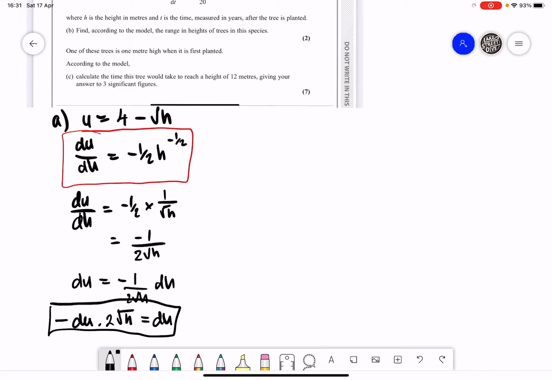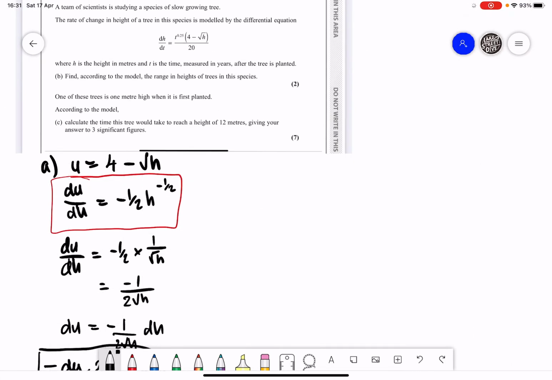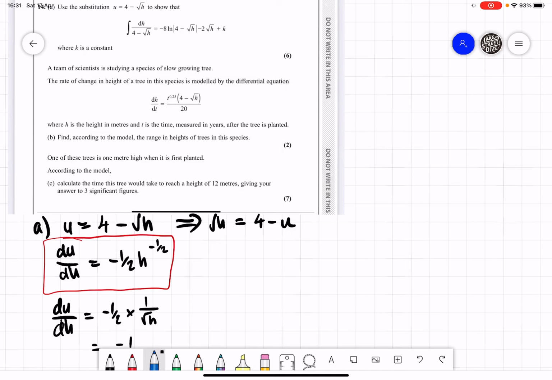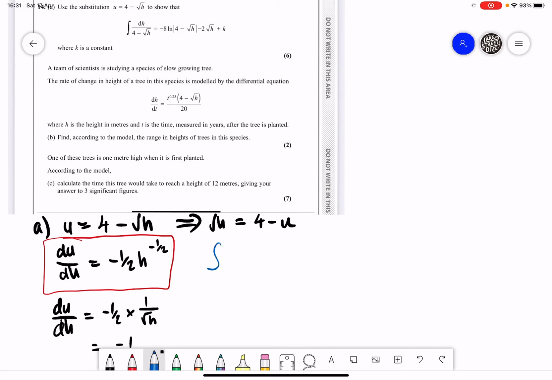Okay. Secondly, I'm going to rewrite this so I can say square root of h equals 4 minus u. Okay, good. So that's all of those preparation bits. I'm now going to look at the question again, and it asks me to integrate dh over 4 minus the square root of h. I've got the dh already there.